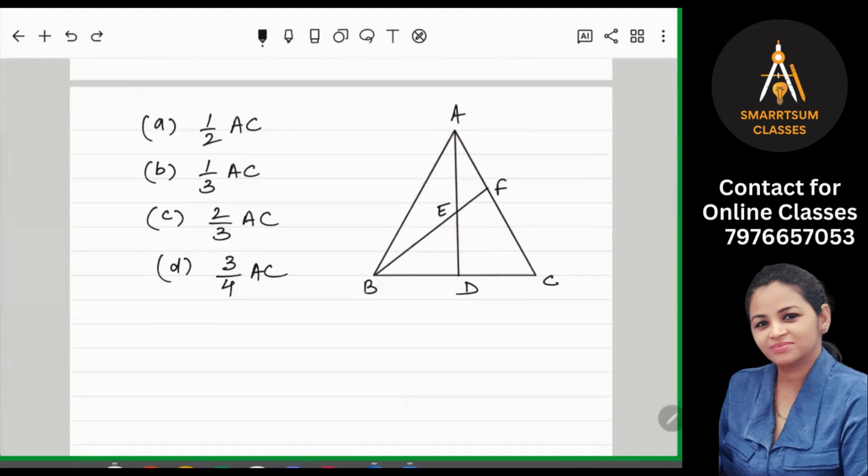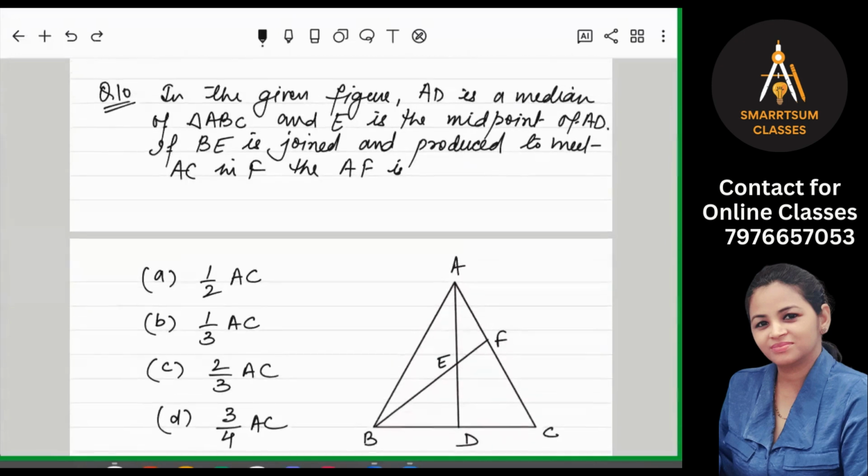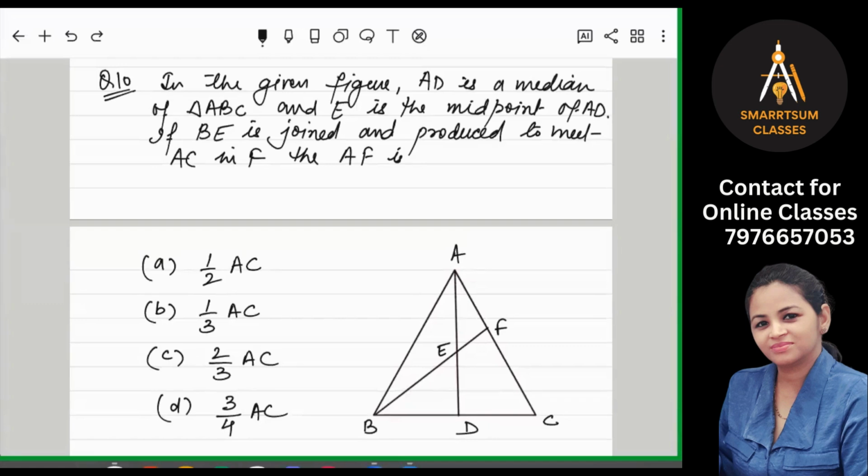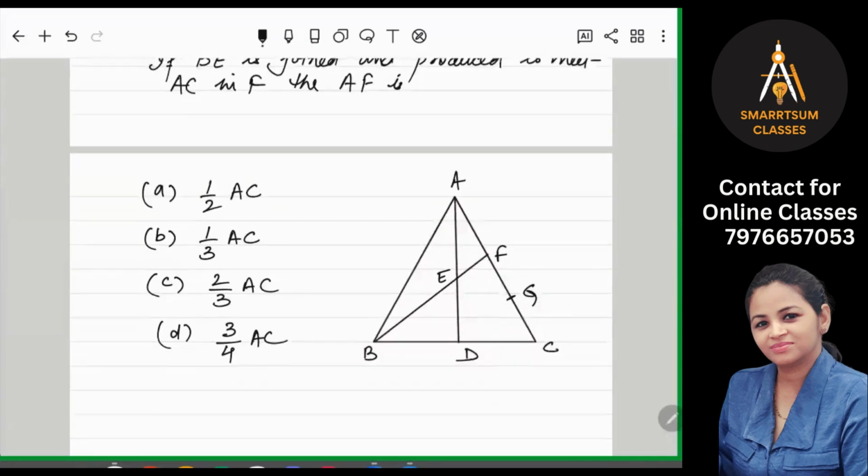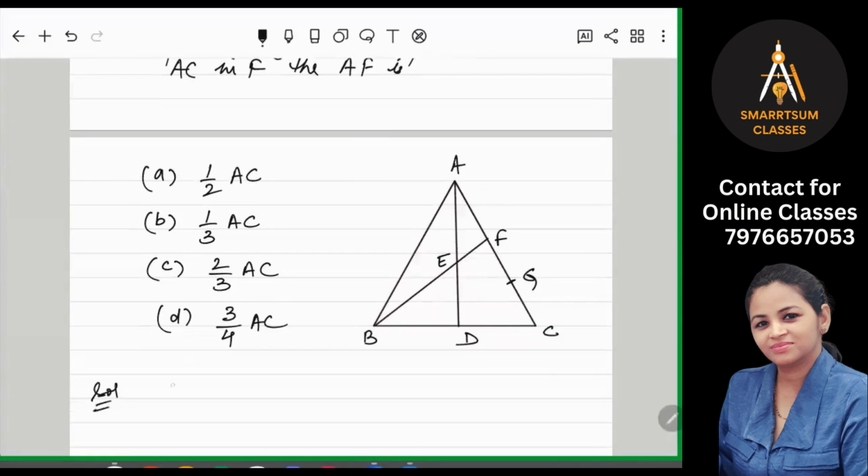Now, how to solve this question? Suppose G is the midpoint of FC. So we have taken a point here, G, and G is the midpoint of FC, right?